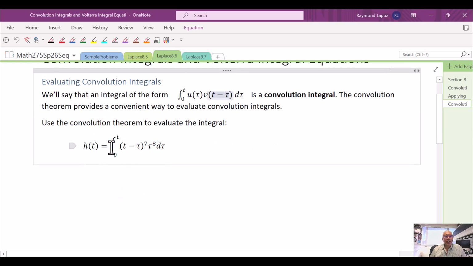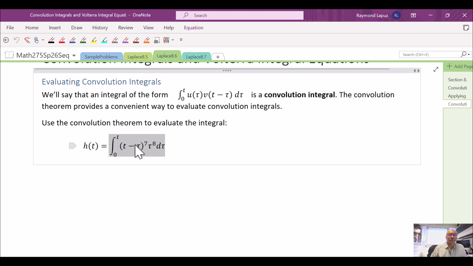If you happen to be working with an integral that looks like this, you say, oh, how are we going to do that? What we can do is bring it to the Laplace world, because the convolution in the Laplace world is just the multiplication of two Laplace world functions, and then we'll just bring it back to the real world if it's easy enough.